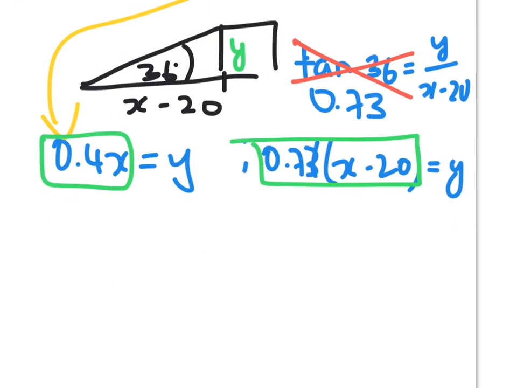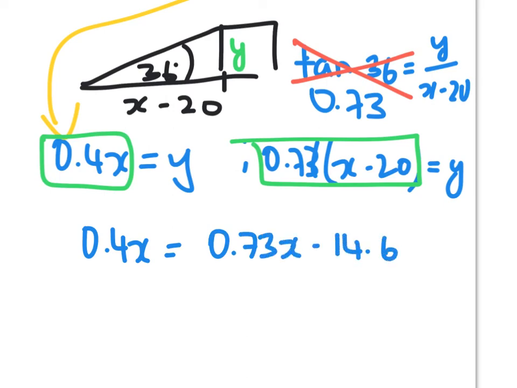So we're going to put down that 0.4x equals, and I'm going to use the distributive property here, 0.73x minus 14.6. Okay, so let's do a bit of algebra. We're going to subtract 0.73x from each side to get all the x's on one side.